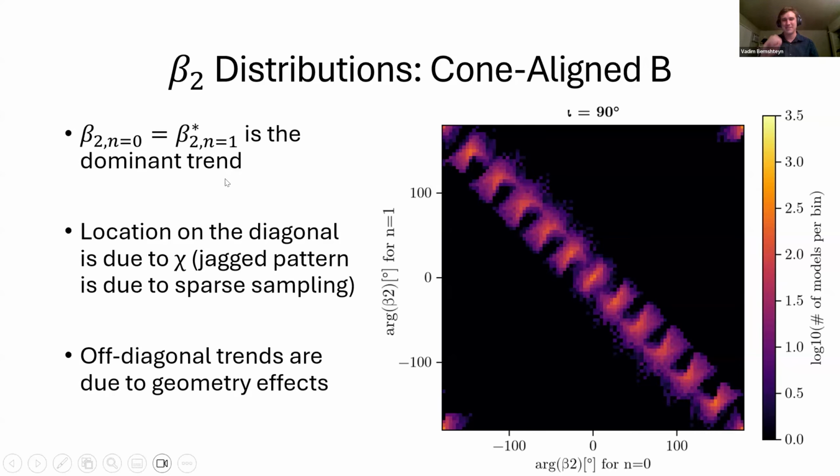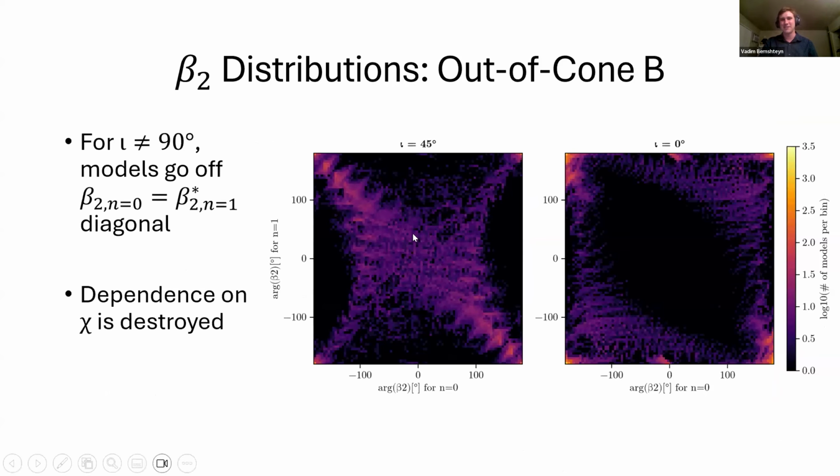I wouldn't say it's necessarily that the emission is not equatorial, because as I've shown here, similar effects can be due to magnetic field lines going basically perpendicular to the fluid flow, which is also interesting, but we will have to do other measurements to decide which situation it is. But yeah, the geometry is definitely imprinted in the beta 2s. We need to figure out the best way to extract it. Yeah, thank you.